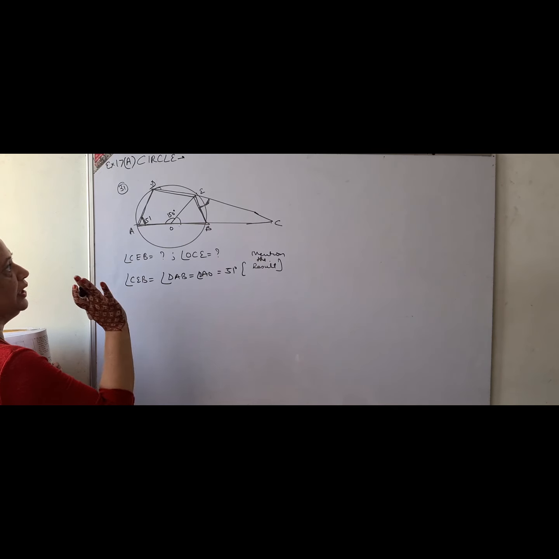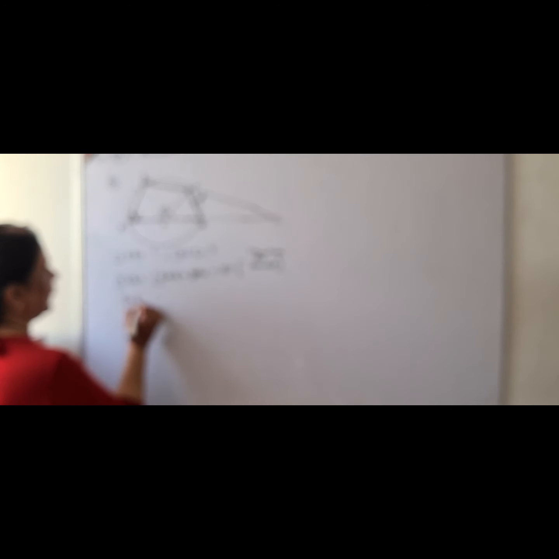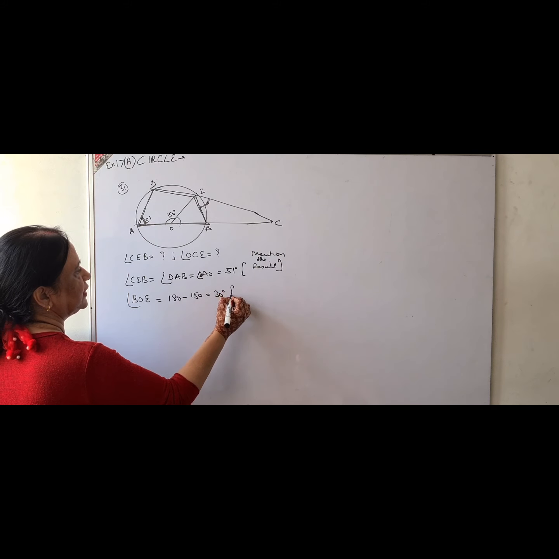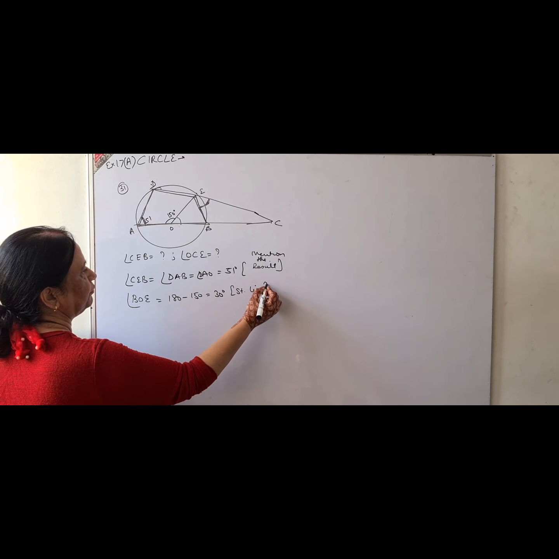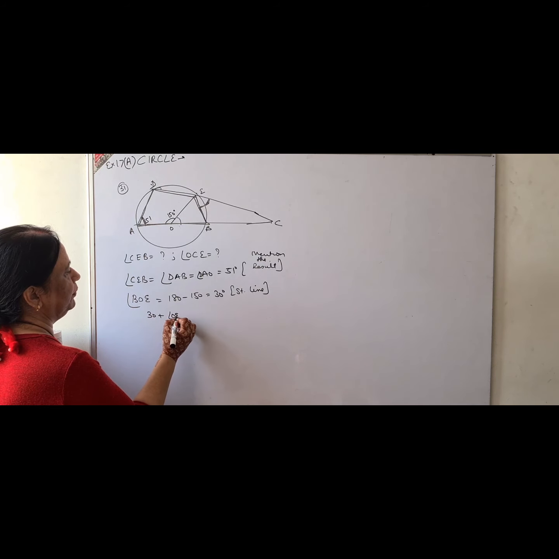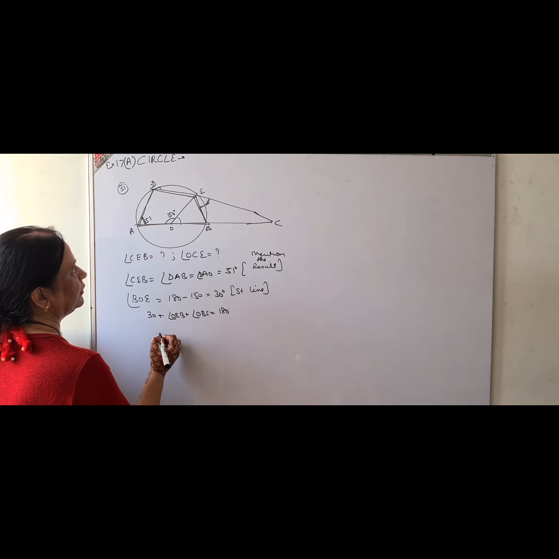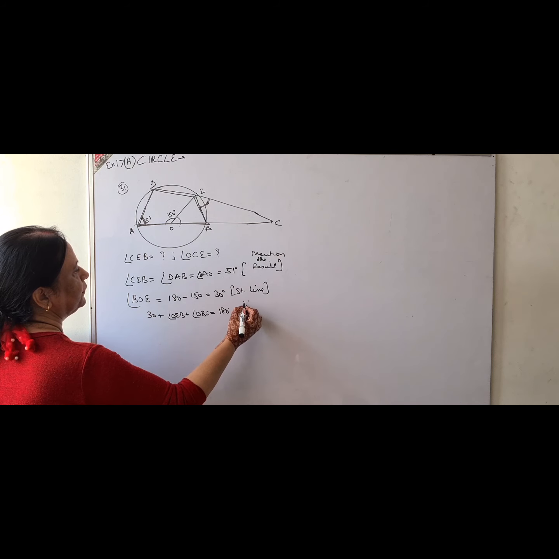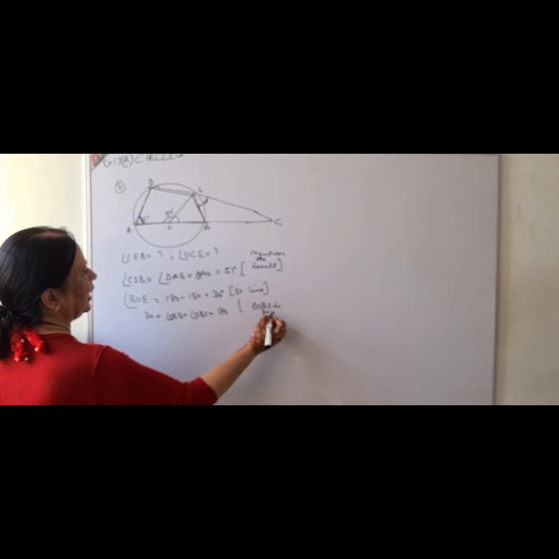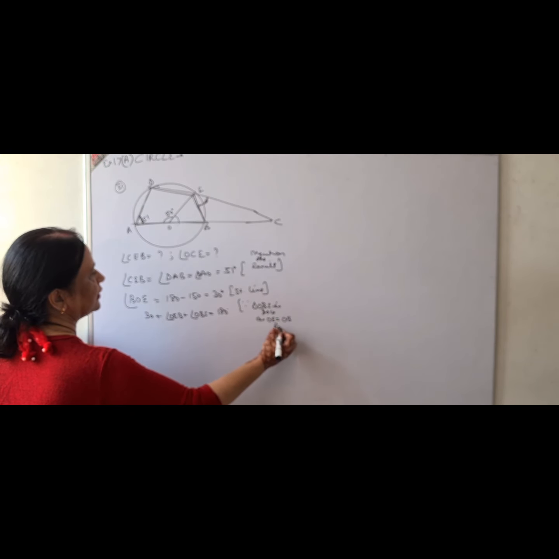Next is OCE. Again, very simple. See, angle BOE is equal to 180 minus 150, which is equal to 30, straight line. 30 plus angle OEB plus angle OBE is equal to 180, because triangle OBE is isosceles as OE is equal to OB, radius.